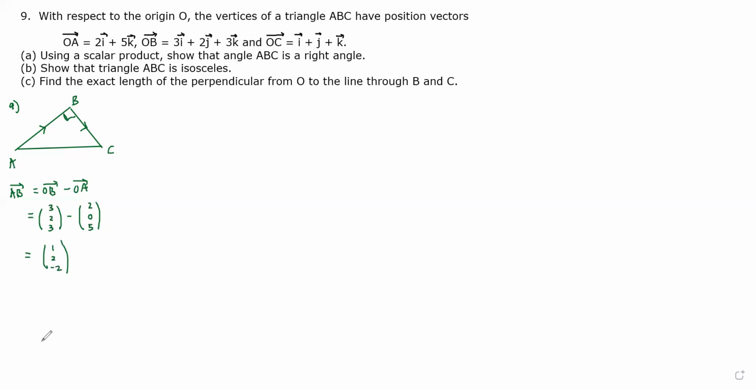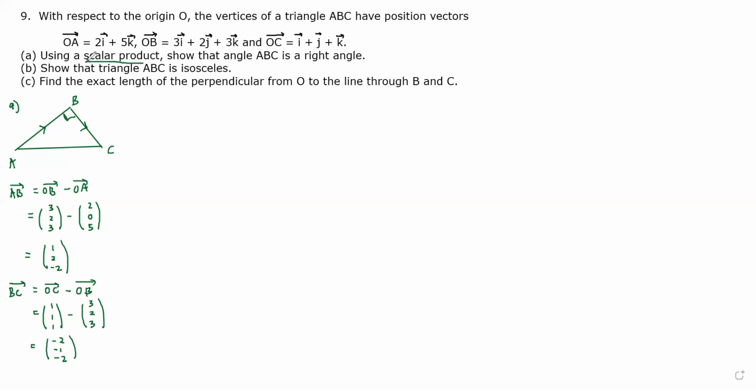And to find vector BC, here is vector OC minus vector OB. OC is 1, 1, 1, and OB is 3, 2, 3. So vector BC is given by negative 2, negative 1, and negative 2.